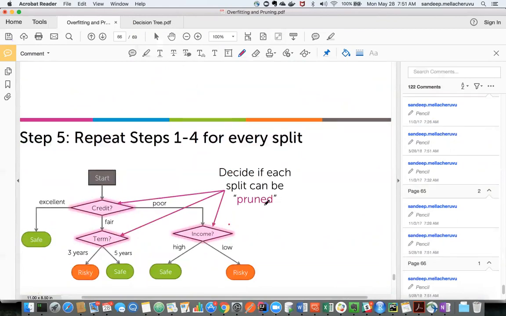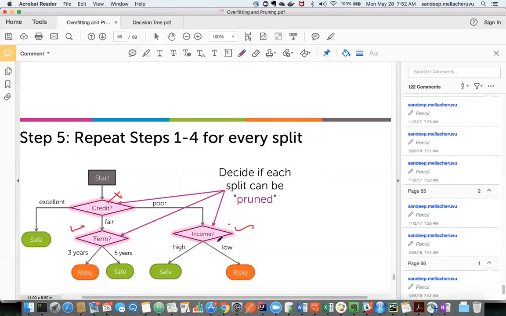Decide if each of the splits can be pruned. Which of the splits can be pruned? This one can be pruned, this one can be pruned, but credit cannot yet be pruned because it is at the second level. It is not at the bottommost layer. So credit cannot be pruned. I can choose either term or income to be pruned.